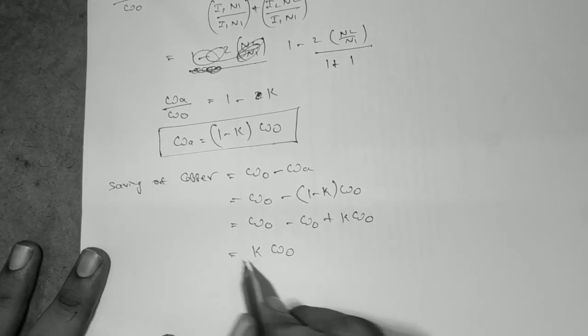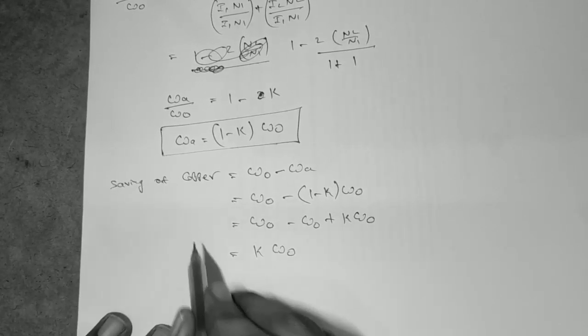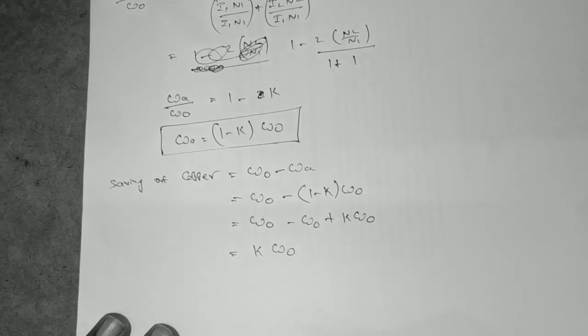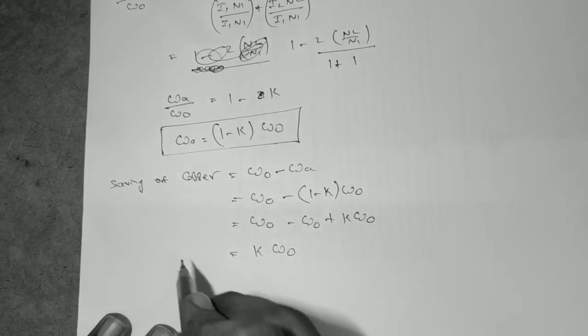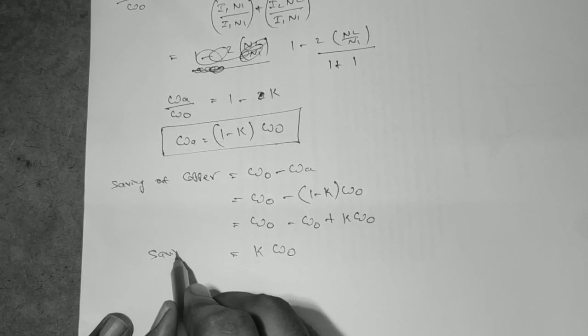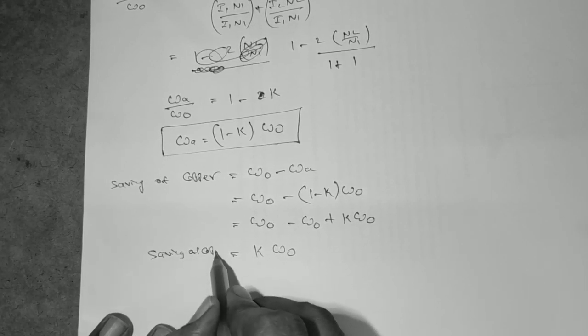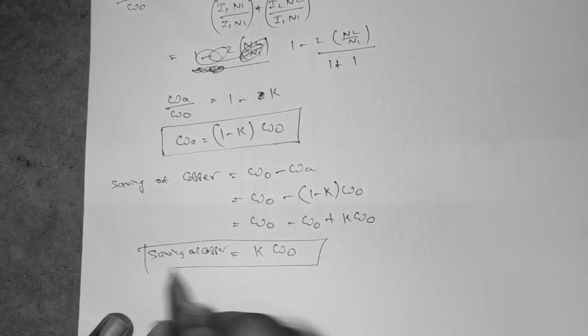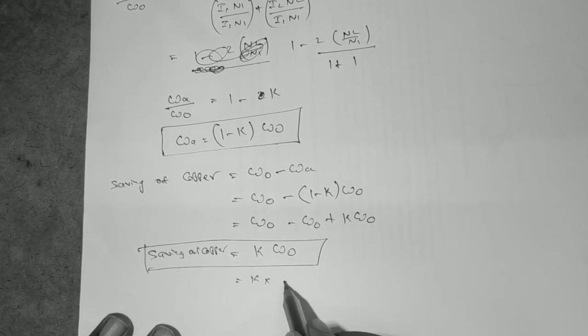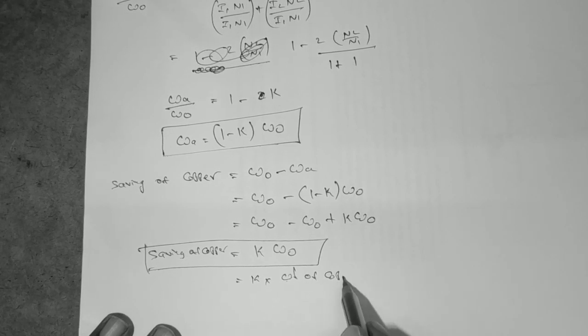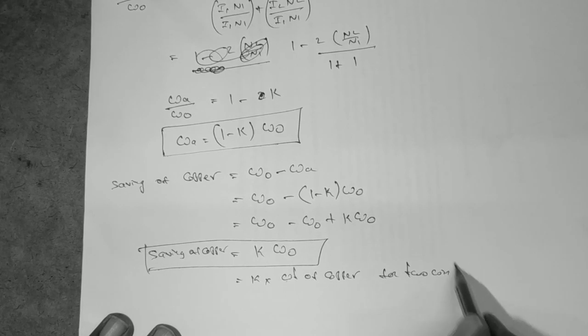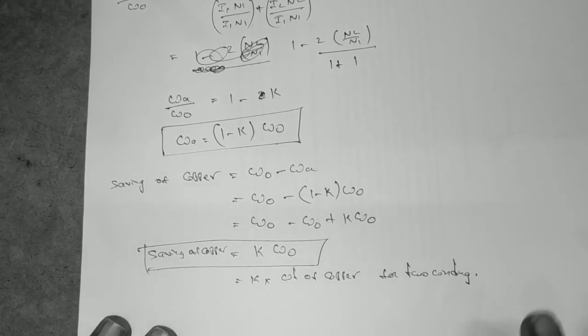That means if we use an auto transformer, the saving of copper will be equal to k into the weight of copper for a two winding transformer. So its weight is reduced by k times, where k is the turns ratio. So if the ratio is very high, the saving also will be very high. Okay, so this is the total copper saving derivation if we use an auto transformer.